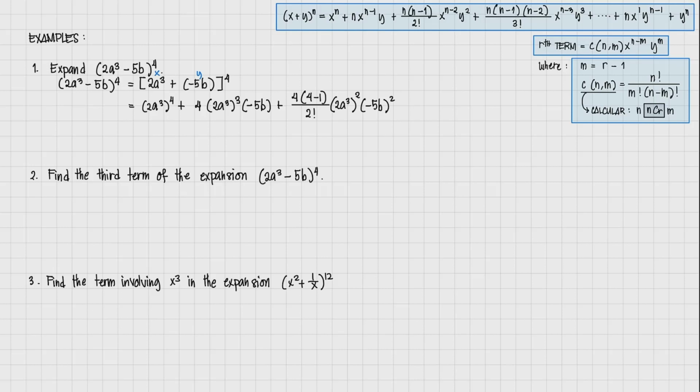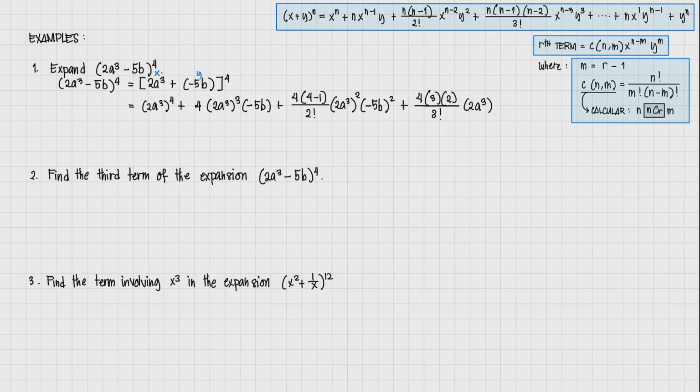And then, plus again. So we have 4, n minus 1 is 3, n minus 2 is 2. We have 3 times 2a raised to 3, and then this thing is raised to n minus 3. So 4 minus 3 is just 1.